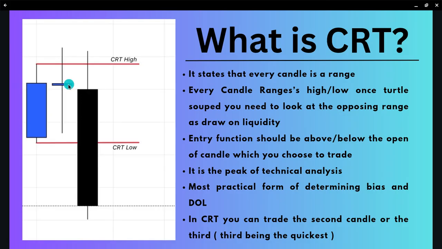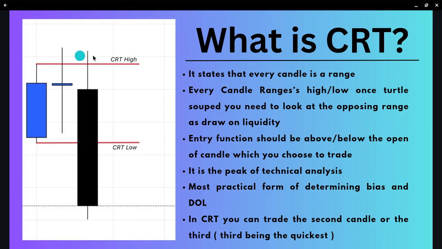It should not be that you missed one entry and then your entry is below the open. Let's suppose there is a breaker block or a liquidity void you want to enter from. Once again, it shall not be below the open, because this is an advance entry.